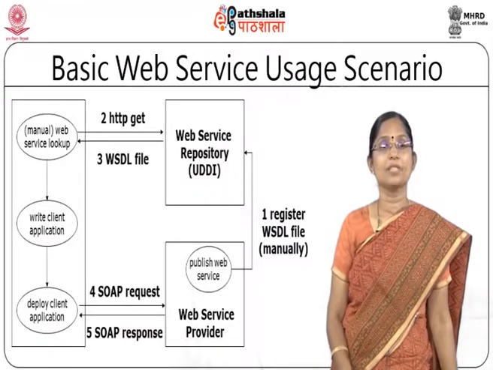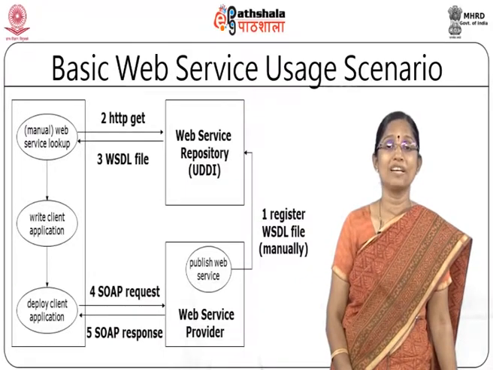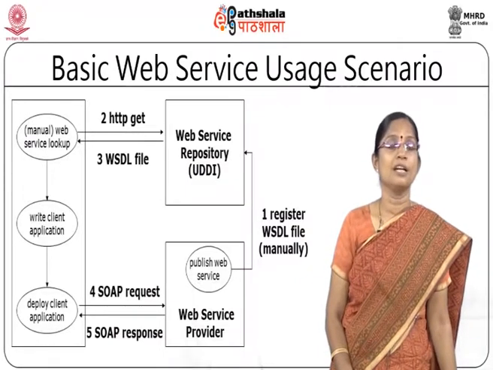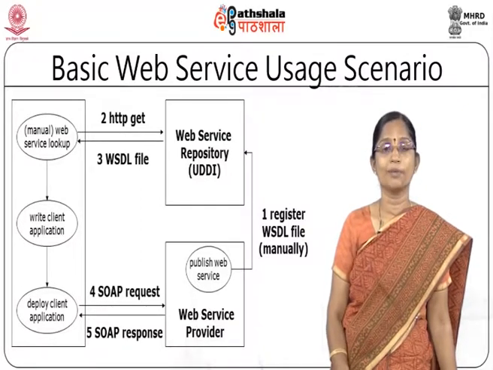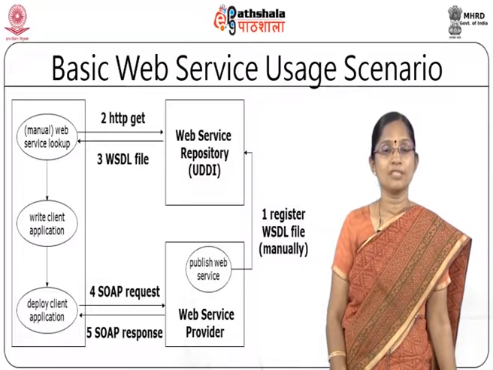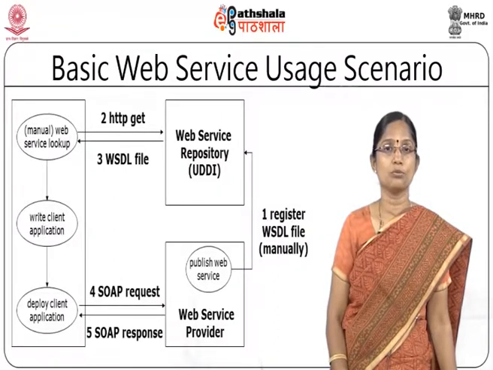It receives the WSDL description from the repository, and once it receives it, it identifies where the service occurs. Once the service has been identified at the particular web service provider, it sends a SOAP request. The provider processes the request and sends a SOAP response back to the client. This is the basic web service usage scenario.